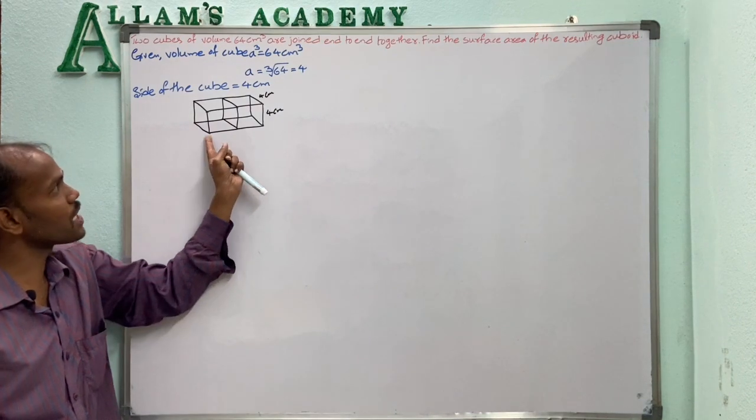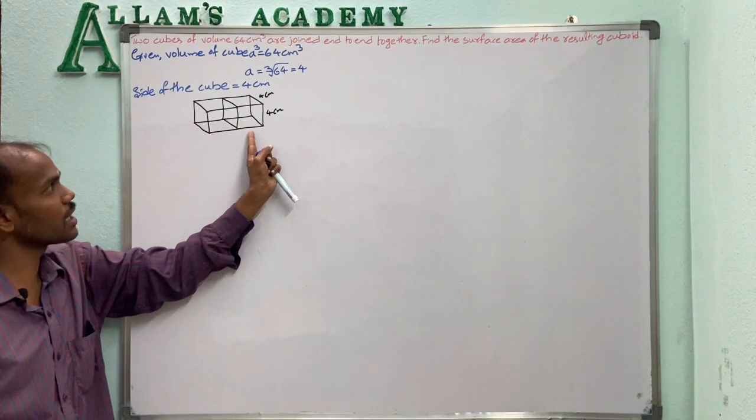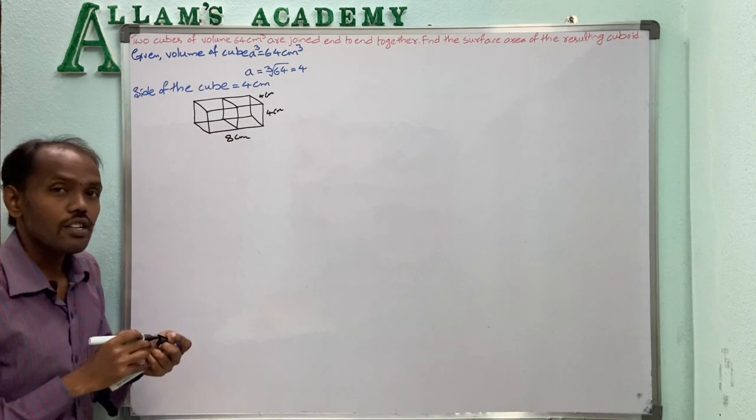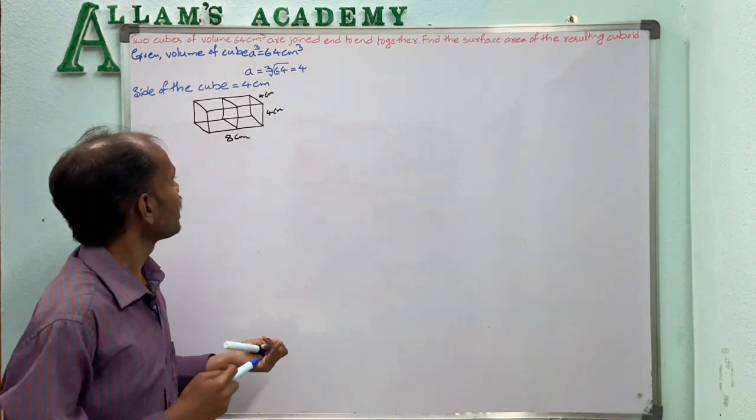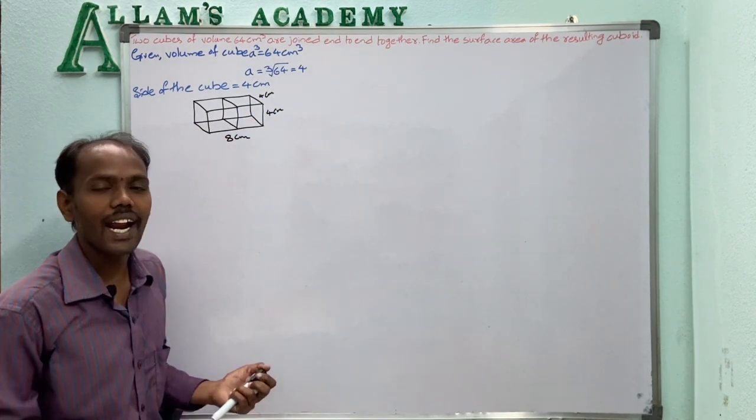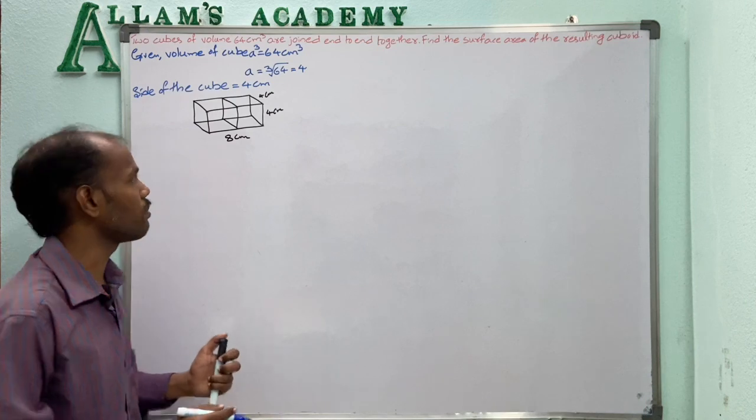Now if we observe the length, that is 4 centimeters plus 4 centimeters equal to 8 centimeters. So for the cuboid, the length is 8 centimeters, and the breadth and height are not changed; they are 4 centimeters only.